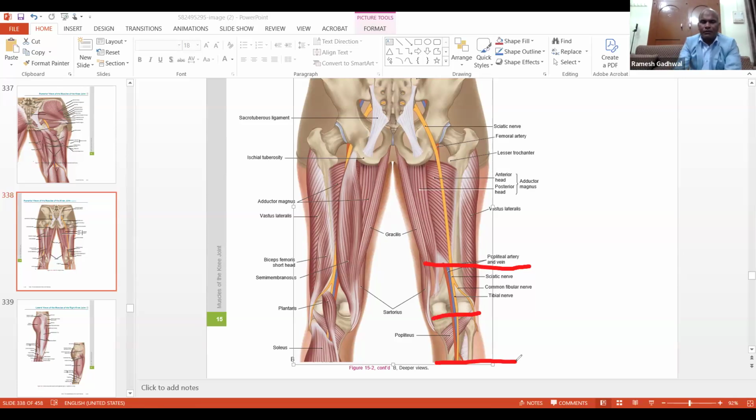Then the second point I am covering here is ST36, 37 and 40.